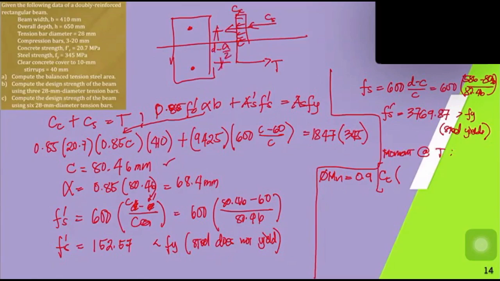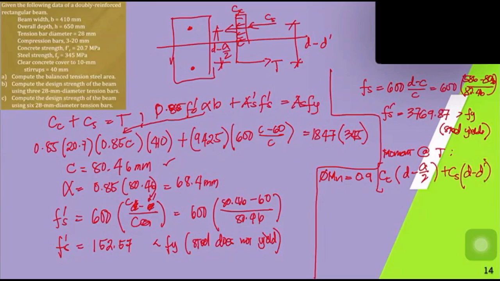Ang moment arm naman ng compression due to steel is we have D yung buo minus D prime. So CC, D minus alpha over 2 plus CS, D minus D prime.